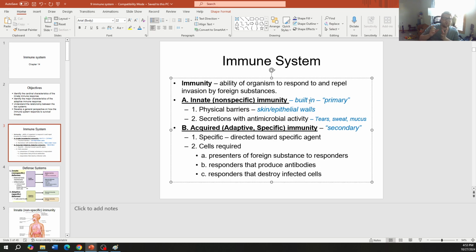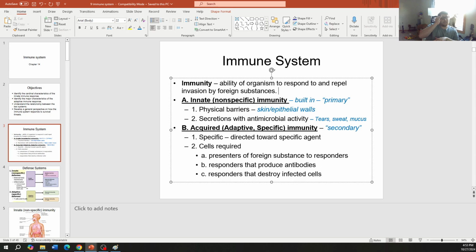On a more microscopic level, we have bacteria all around us. Our bodies are built to protect us both inside and out from those things on the outside that are not supposed to be in. So the two branches: we have innate, also known as non-specific immunity.